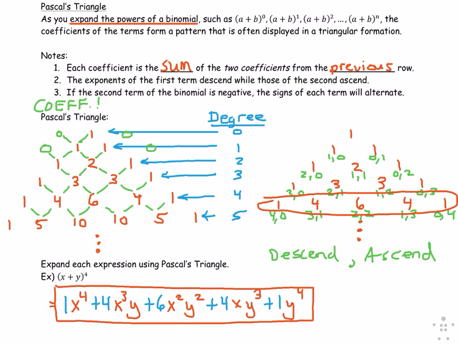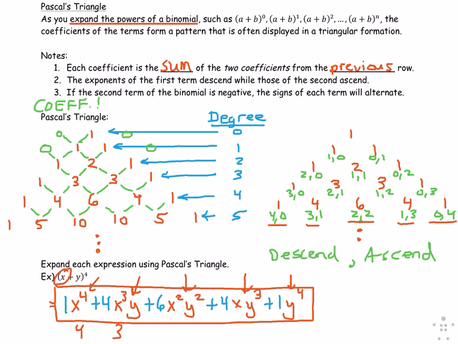and then the exponents I could have written in green because they deal with the 4 and the 0, the 3 and the 1, the 2 and the 2, the 1 and the 3, and the 0 and the 4, noting that the first one, this term's power, descends. 4, 3, 2, 1, 0.